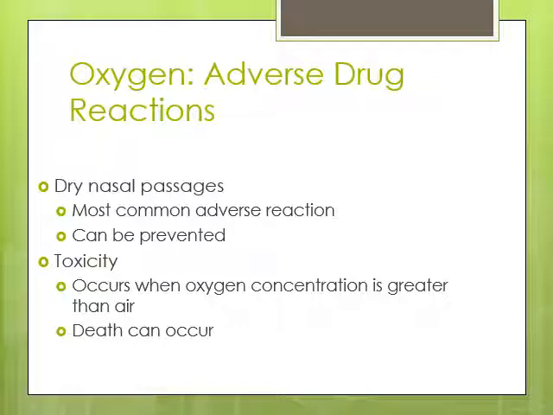It can occur by increased production of reactive species such as superoxide anion, singlet oxygen, hydroxyl radical, and hydrogen peroxide. And some of your tissues, such as your respiratory, CNS, and retina, are more sensitive to high oxygen concentration, so you've got to be very careful. So death can occur, and you've got to be careful with this.